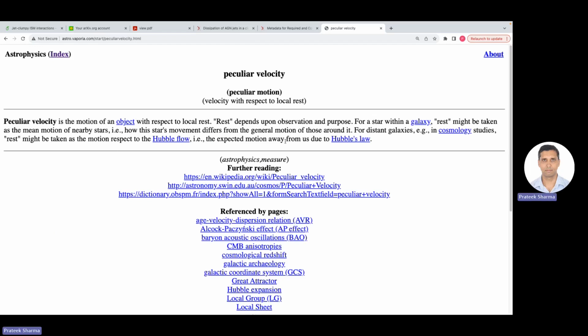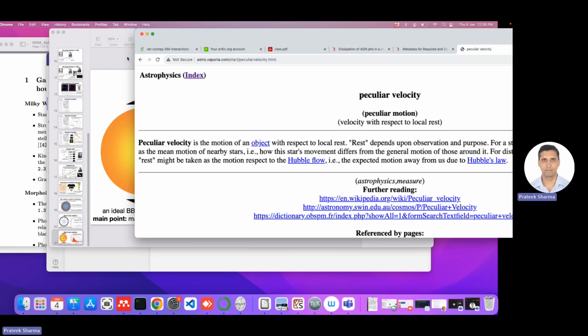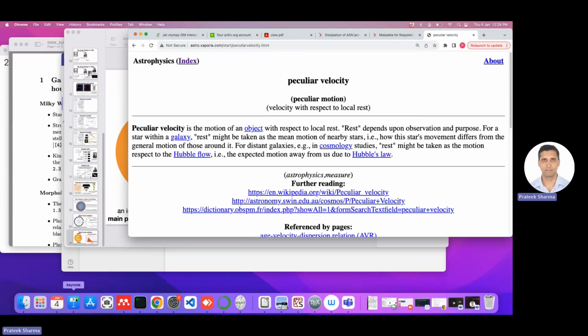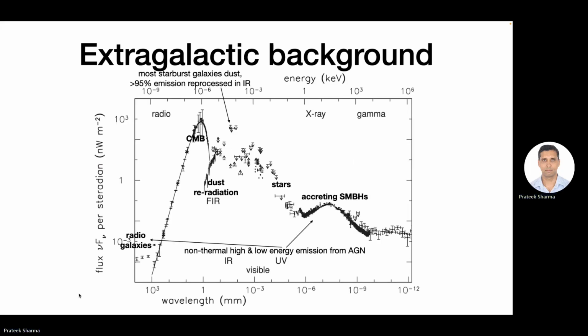It talks about Hubble. Then it gives a link to Wikipedia and some other resources. So this is a good place for just finding out. And if you encounter something scary and you want to make progress and go beyond that first step, this is a good place. In fact, a lot of my lectures will have such links which you should check out at leisure.